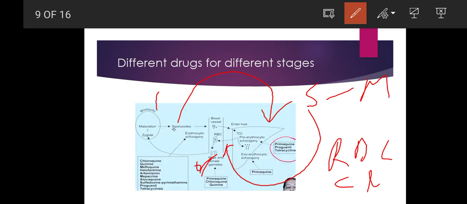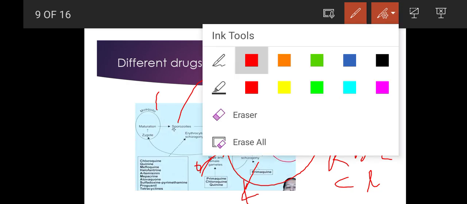Now, seeing the different stages, we have the last stage, which is the exoerythrocytic stage, which is responsible for relapses. You see here some of the sporozoids stayed in the liver. Now they can cause malaria after a long period of time, so it's responsible for relapses.